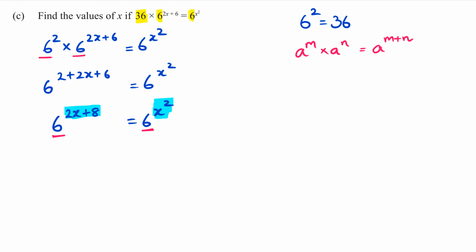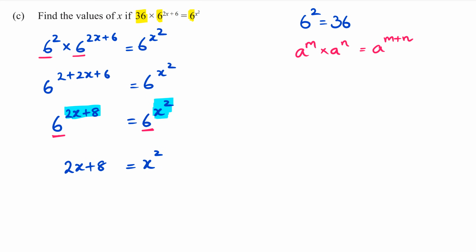I hope that makes sense. So I'm just going to get rid of the 6 completely and rewrite this as just the powers: 2x plus 8 equals x squared, because those two powers have to be the same if the bases are the same.